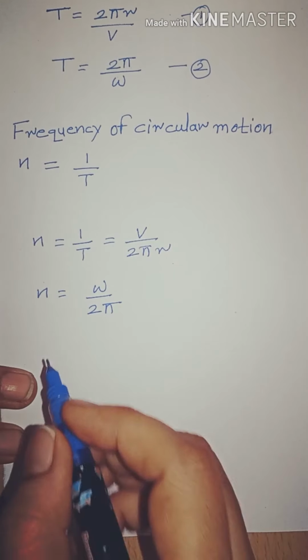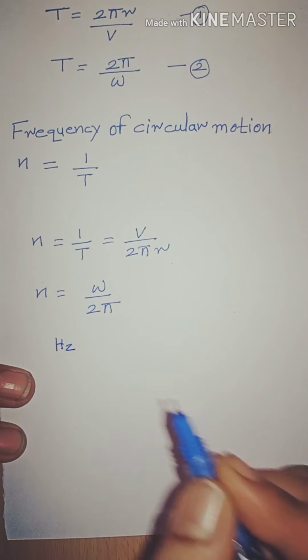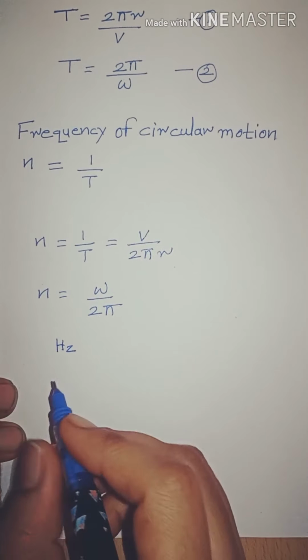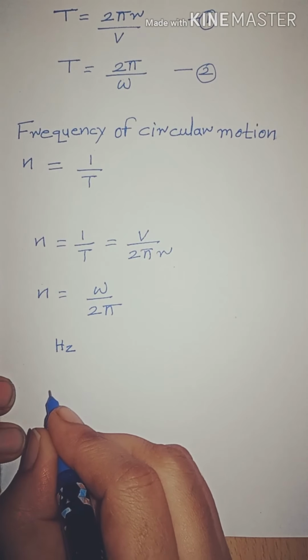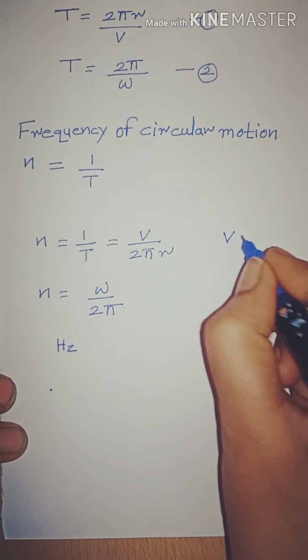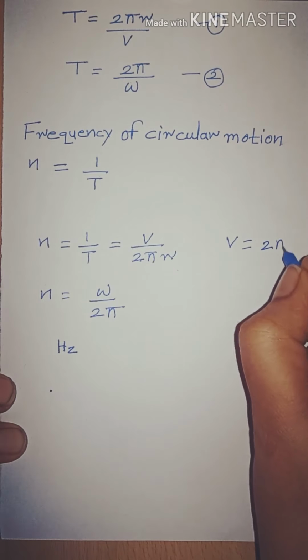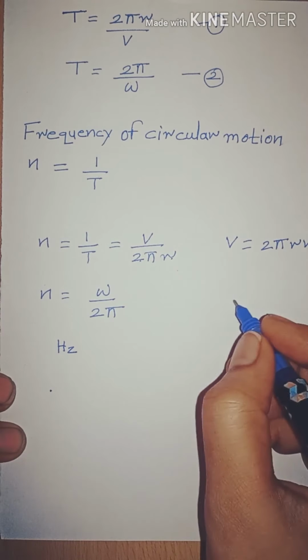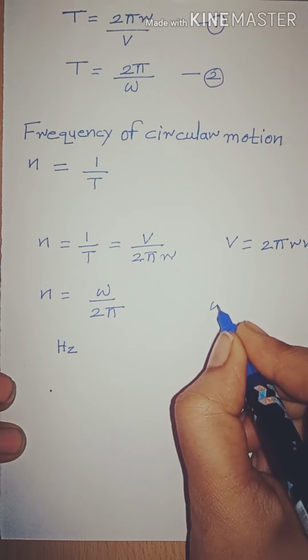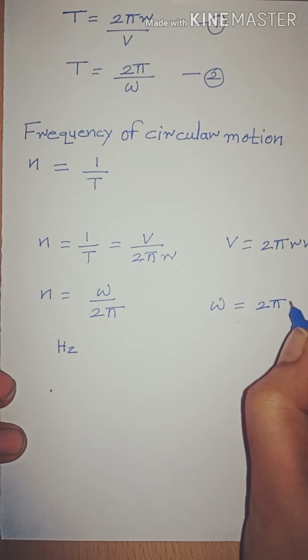The SI unit of frequency of revolution is hertz. We can also write an equation for linear velocity as v is equal to 2 pi r n. In the same way, for angular velocity, omega is equal to 2 pi n.